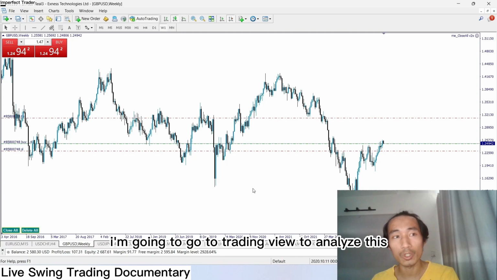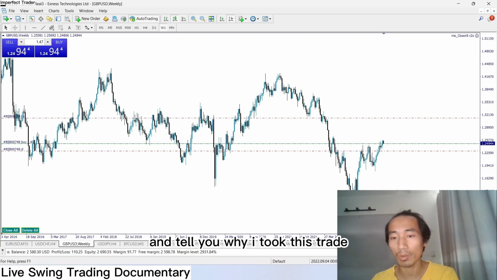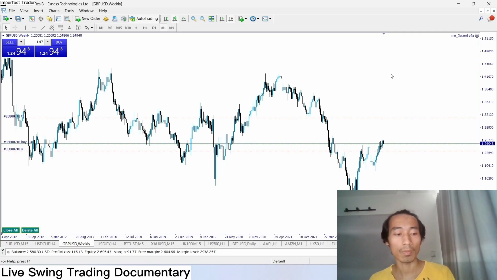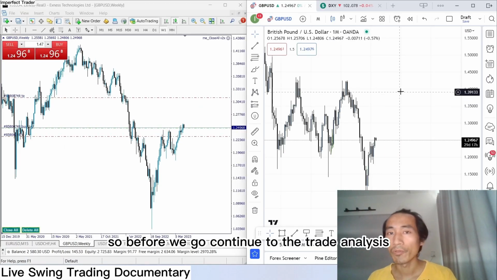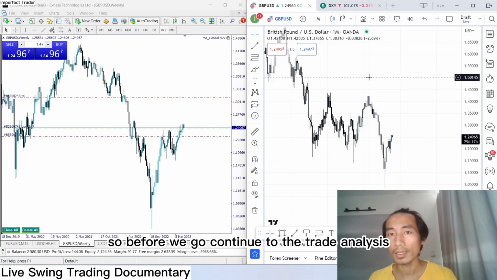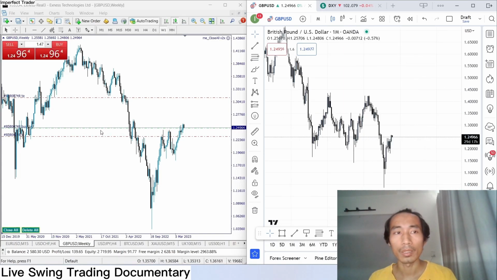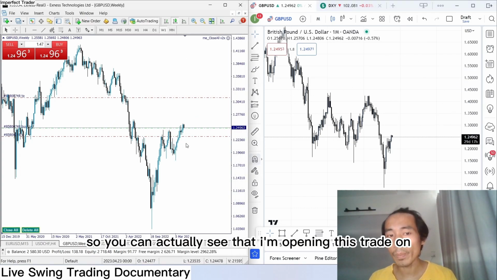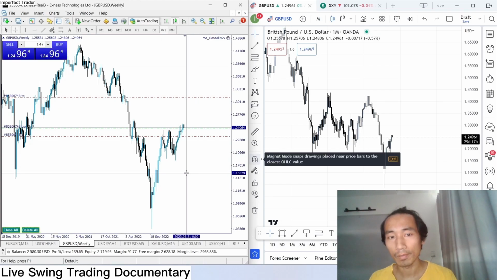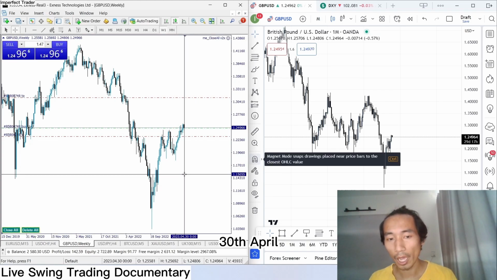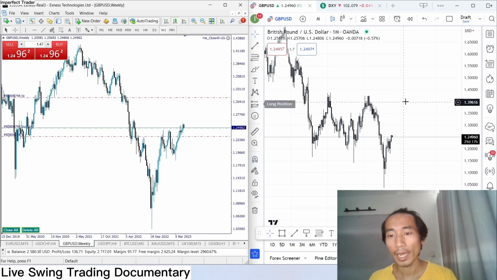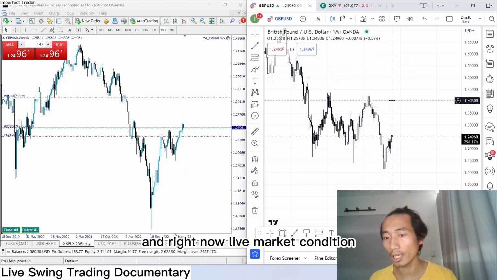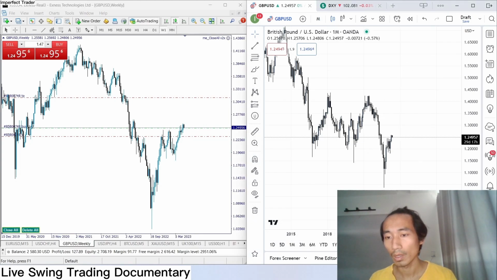I'm going to go to TradingView to analyze this and tell you why I took this trade. Before we continue to the trade analysis, I'm going to open two windows so you can see that I'm opening this trade on April 30, and this is the live market condition.